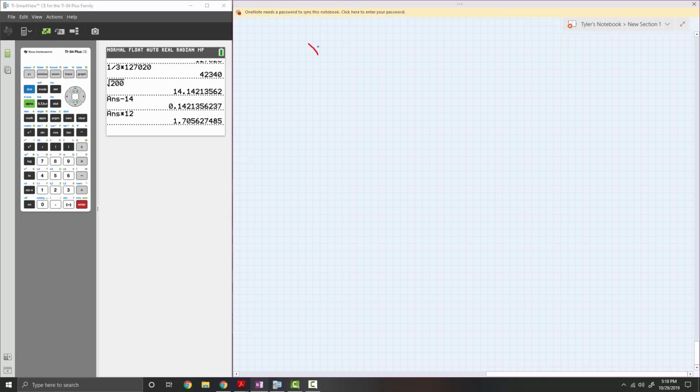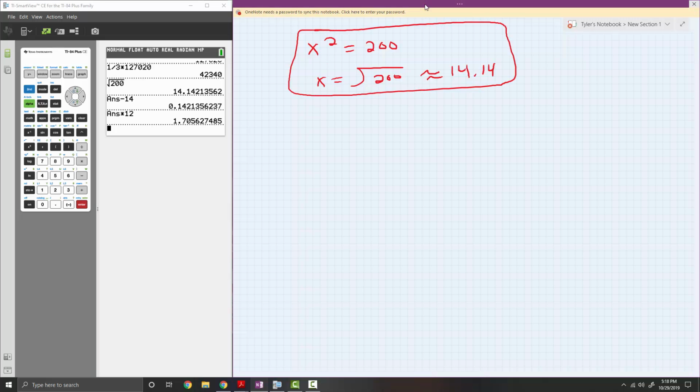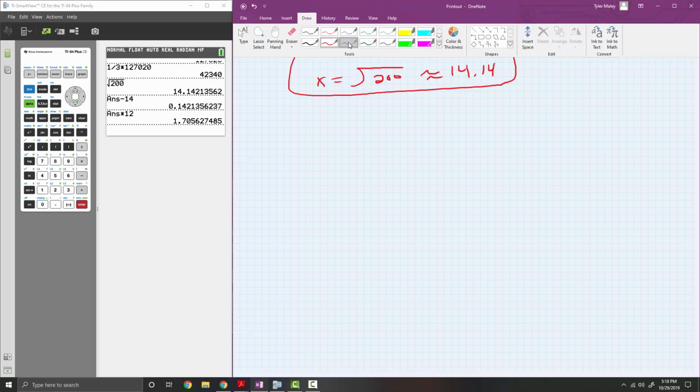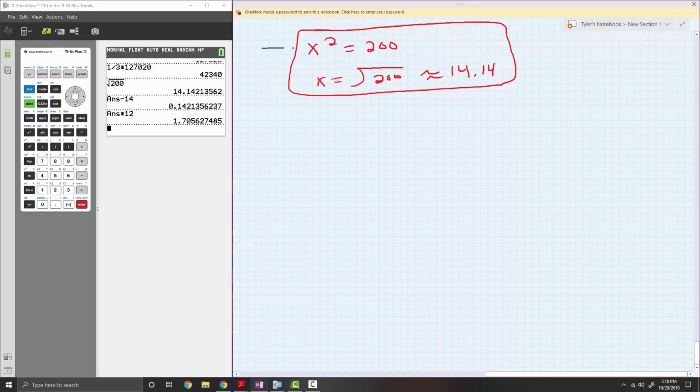We had x squared equals 200 and we were solving it, and we came up with x equals the square root of 200, which was approximately 14.14. That's just a reminder of what we did. Technically, that's right because of the context of our problem. But in general, this answer is partially right. It's not the full answer. And I'll show you what I mean by that.